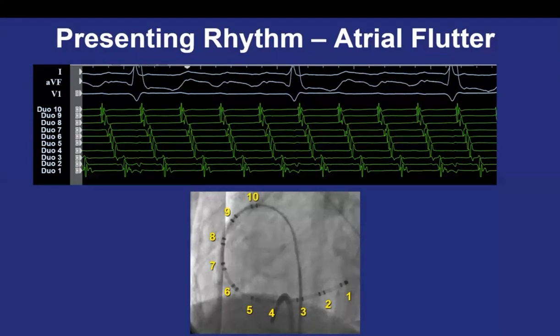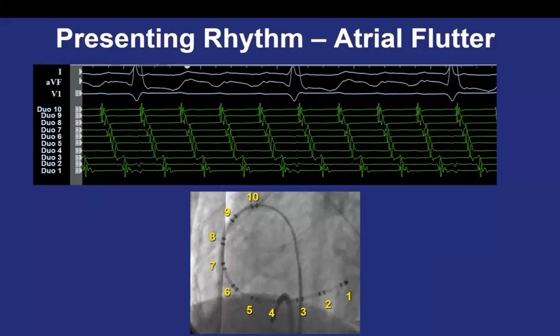Having said that, in a patient with a very wide, very huge right atrium, for example, you might get what we call a slow flutter. Slow flutter means that the time for the circuit is going to be longer than usual, therefore the cycle length will be more than 250 or 200 milliseconds.